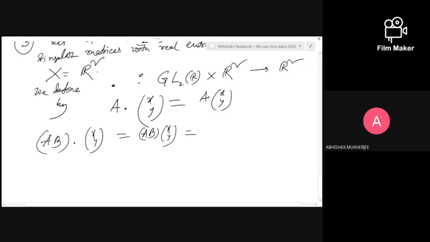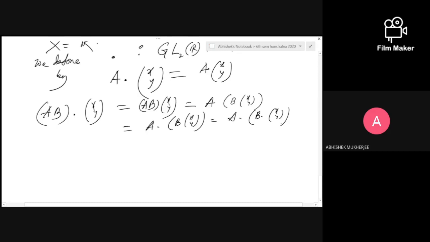Now since this matrix multiplication is associative, so it will be (AB)(x, y), that is A dot (B(x, y)), and that means A dot B dot (x, y). And for the identity matrix I, I dot (x, y) will be (x, y).